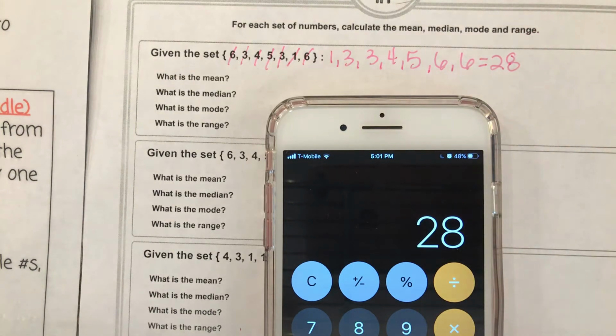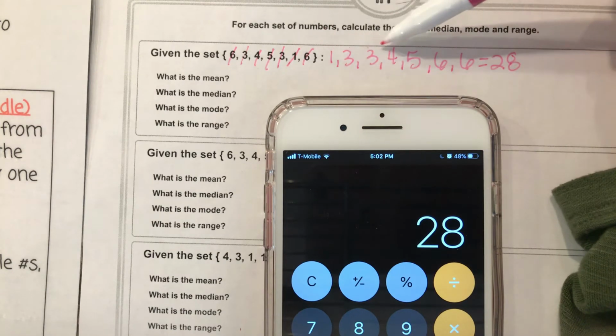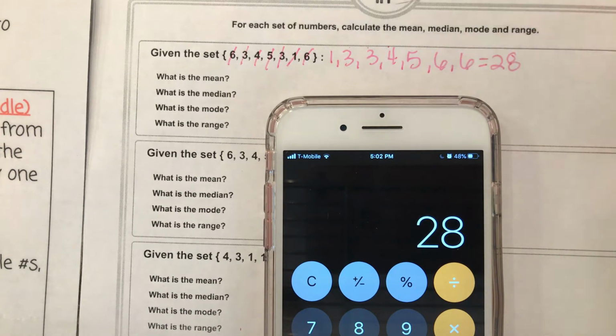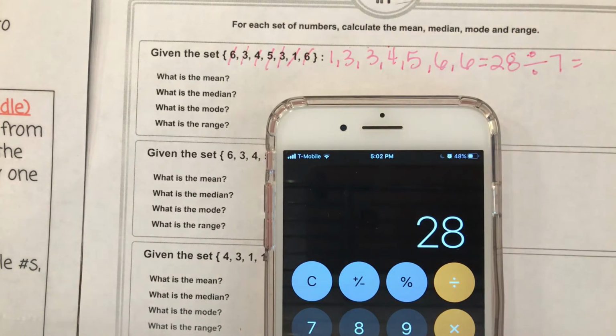We're not finished. Now we have to count how many numbers we just added together. 1, 2, 3, 4, 5, 6, 7. Okay, so I'm going to take my total and divide it by 7, which gives me an average of 4.